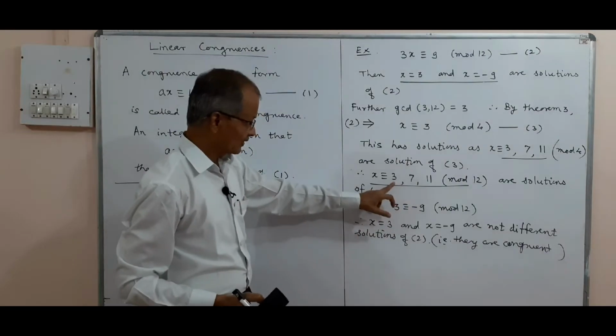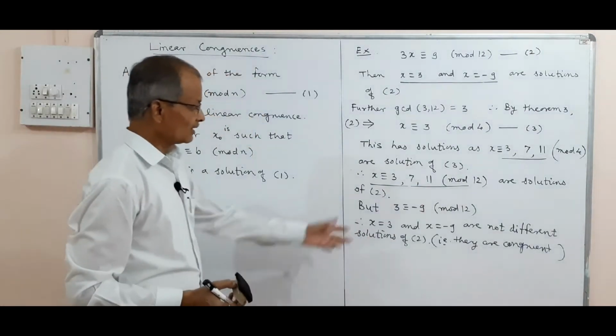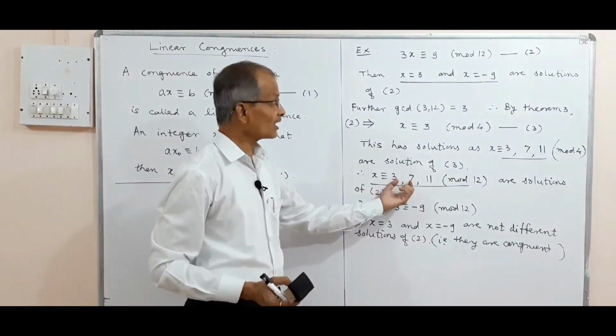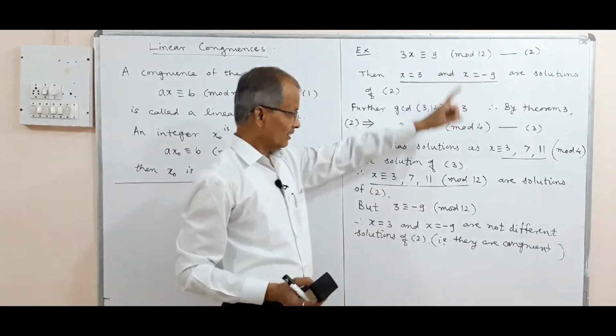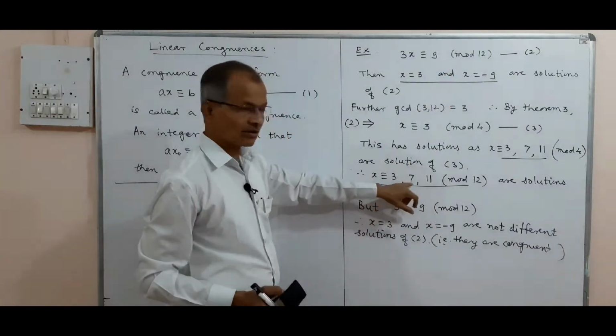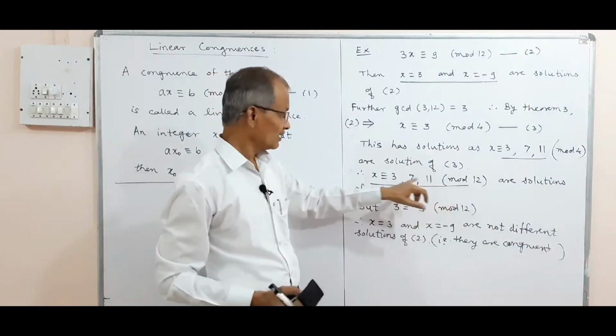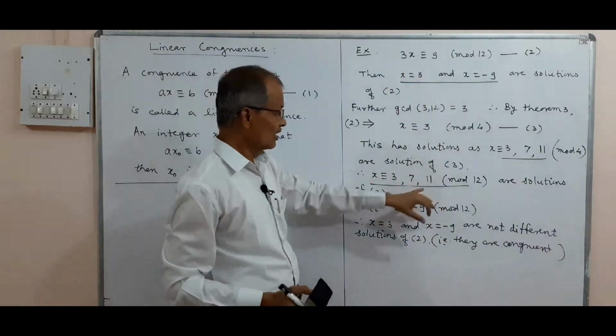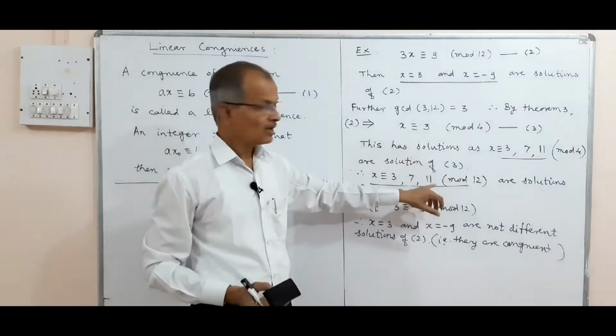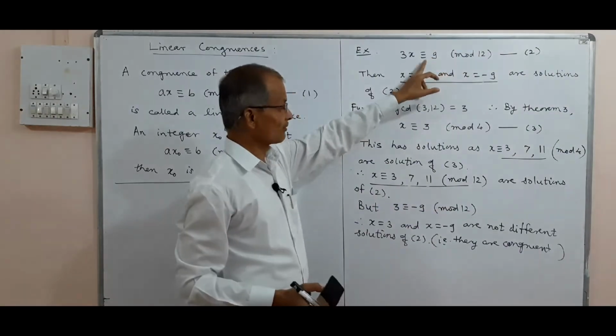Now what about the remaining? See these 3, 7 and 11. These are not congruent to each other under modulo 12. That we may see. 3 is not congruent to 7 modulo 12, but 3 and 7 are solutions of 2. 7 is not congruent to 11, but these are also solutions of 2.